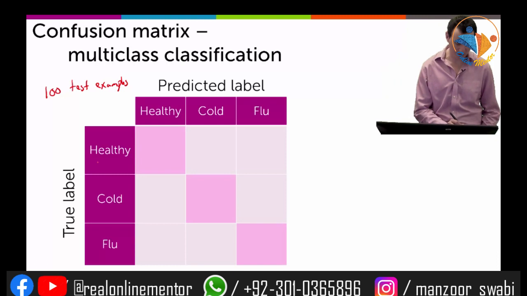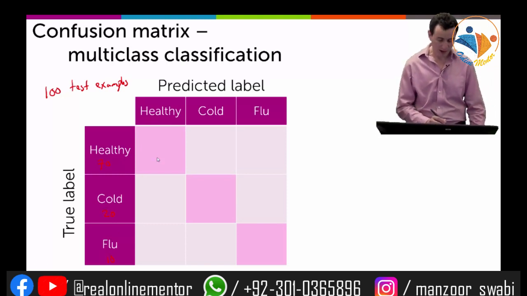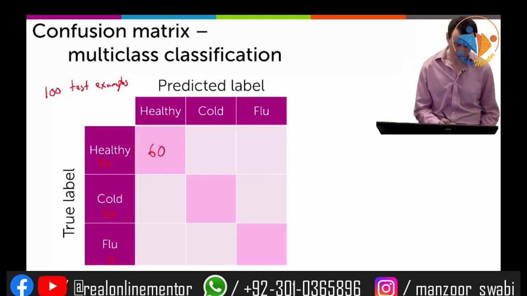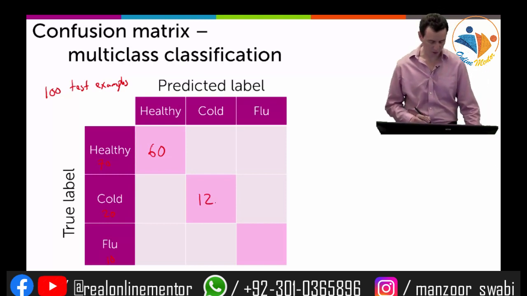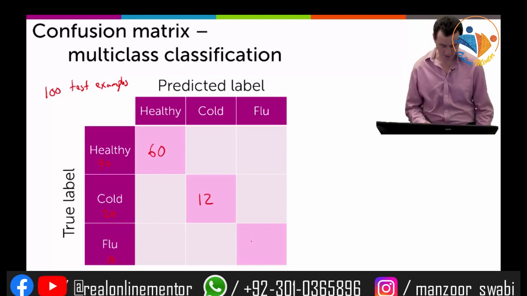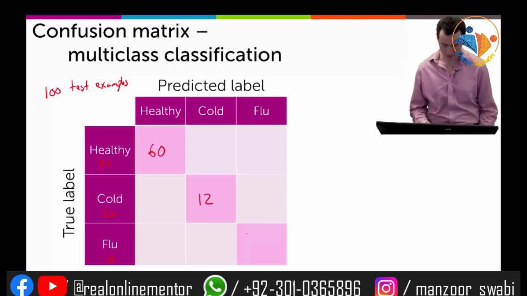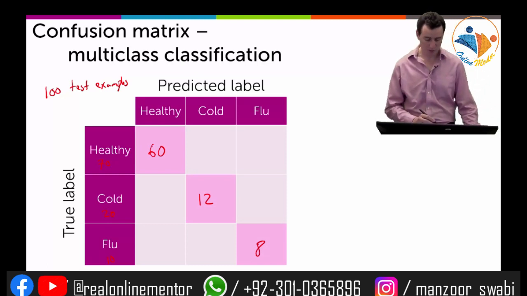Of the 100 test subjects, we had 70 who were healthy, 20 that had a cold, and 10 that had the flu. And let's suppose that we got 60 correct for healthy, 12 correct for cold, and 8 correct for flu.